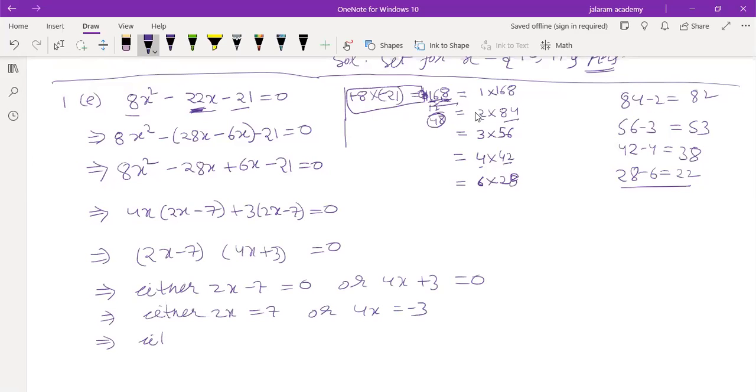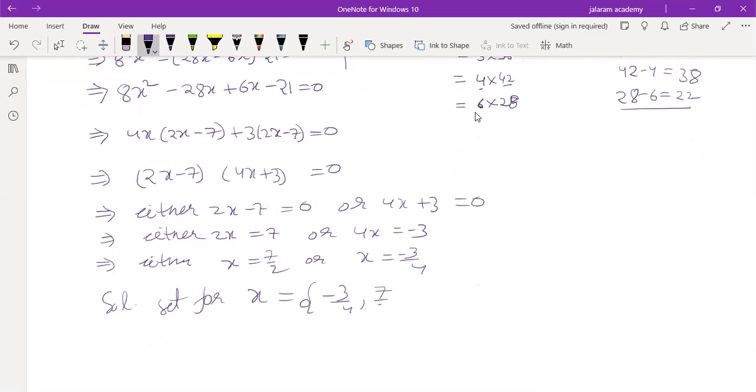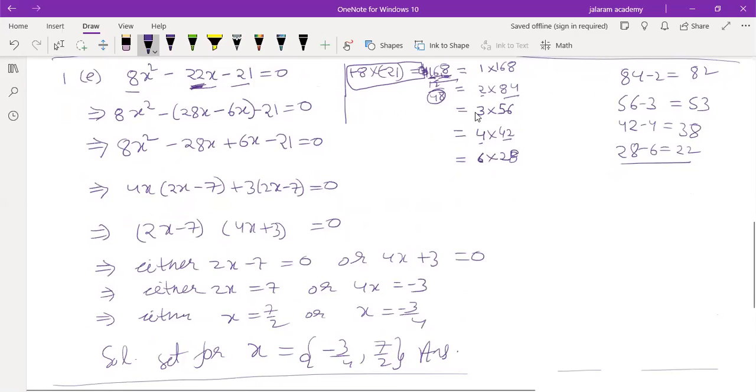It implies either x equals 7 by 2 or x equals minus 3 by 4. So the solution set for x equals minus 3 by 4 comma 7 by 2, which is the answer. Understood everyone? Yes, sir. This is the method how we can find the factors even if you don't know.